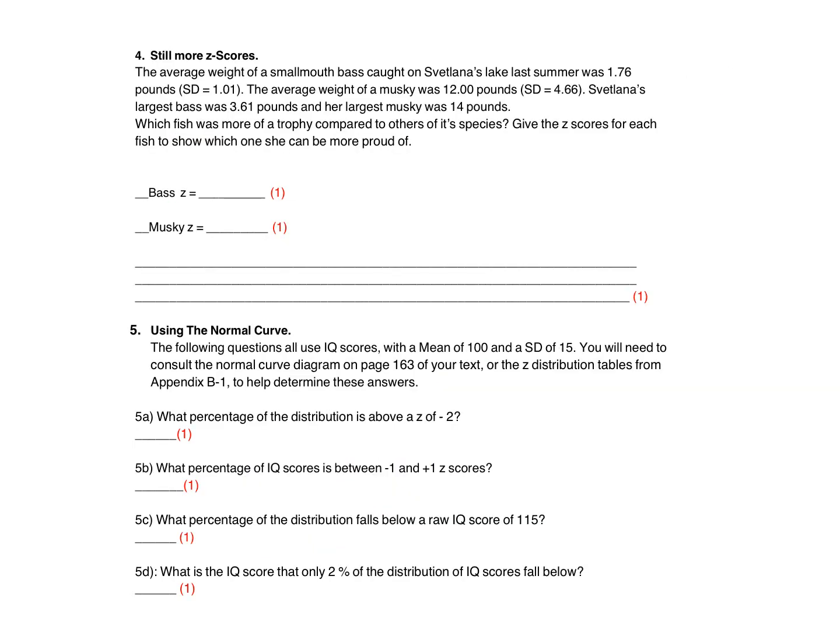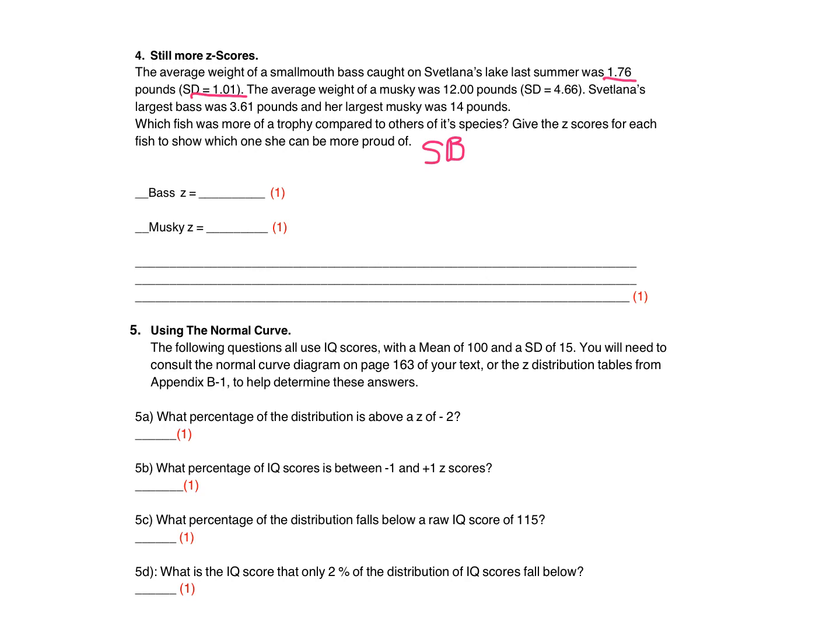Okay, and the final page, still more Z scores. So what they're doing here is comparing two different groups. The average or the mean weight is 1.76 with an SD of 1.01. That's for the smallmouth bass. So let's put smallmouth bass, SB, here.